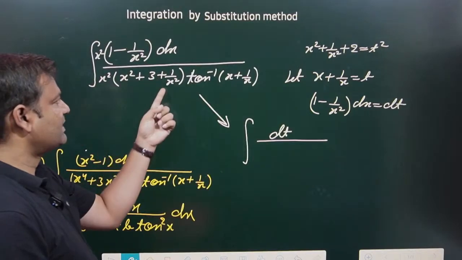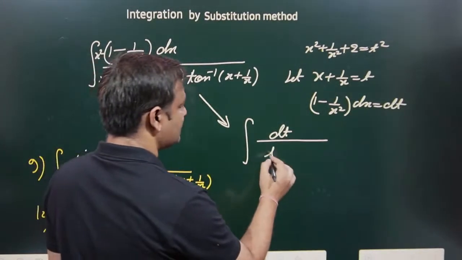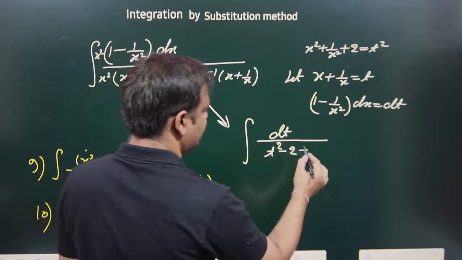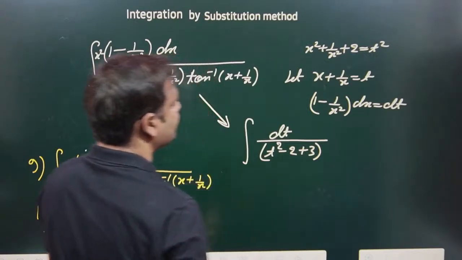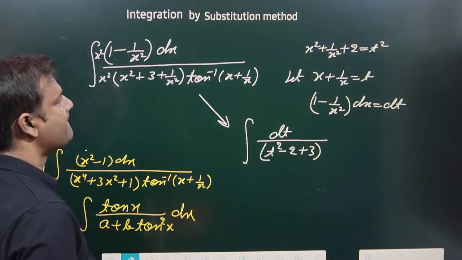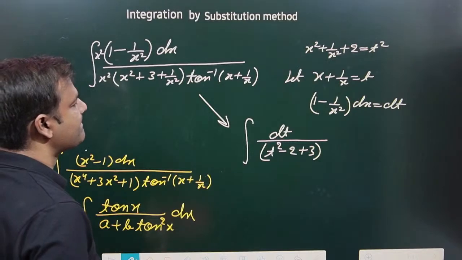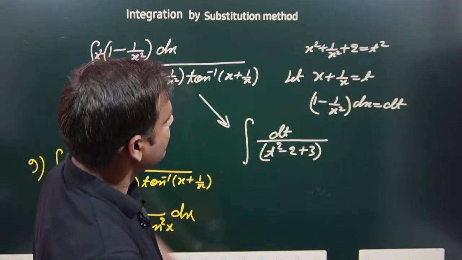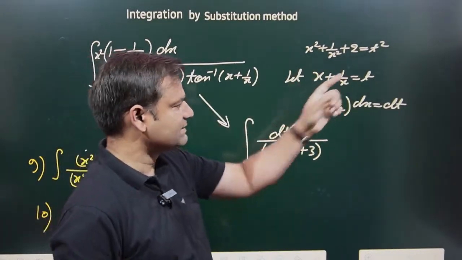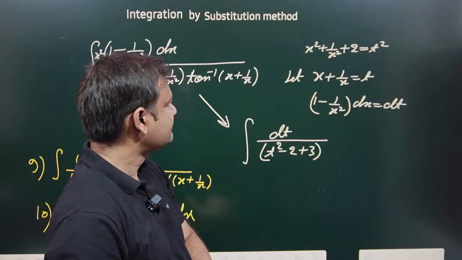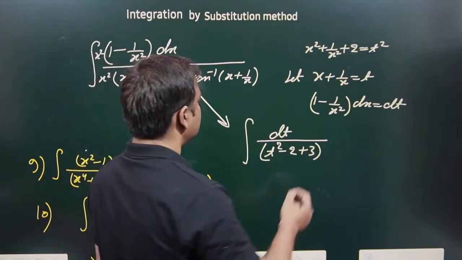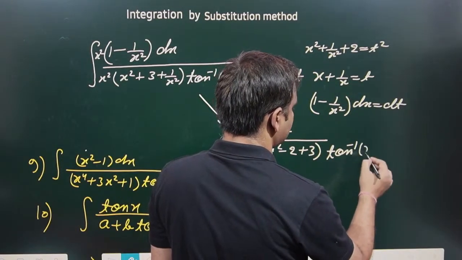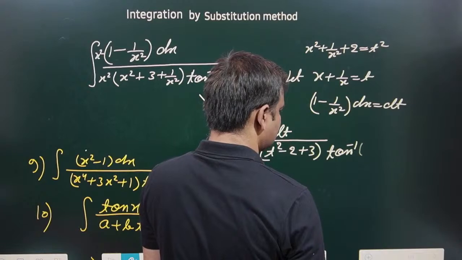Okay, so x square plus 1 by x square is written as t square minus 2, and plus 3 is also there. Basically x plus 1 by x is taken as t, into tan inverse t.